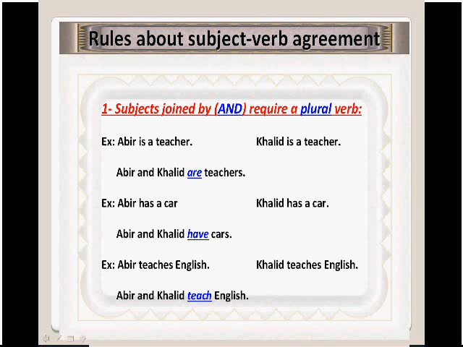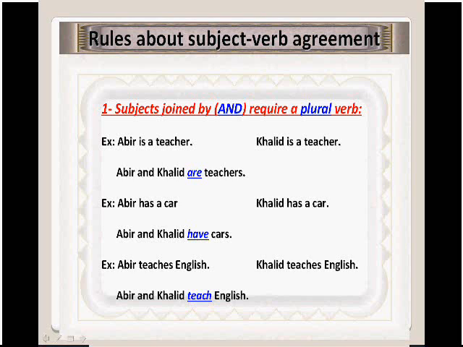Because I have two subjects, Abir and Khalid, joined by the word and, so the verb should be changed into the plural form, okay? And so that's why we removed the ES at the end of the verb, and we had to write it as it is because this is the plural form.